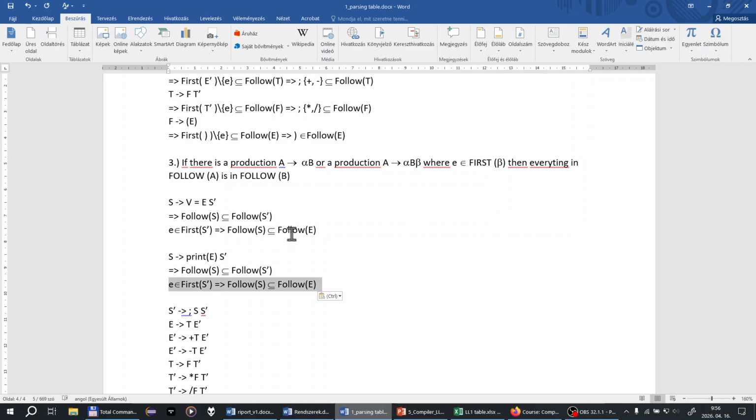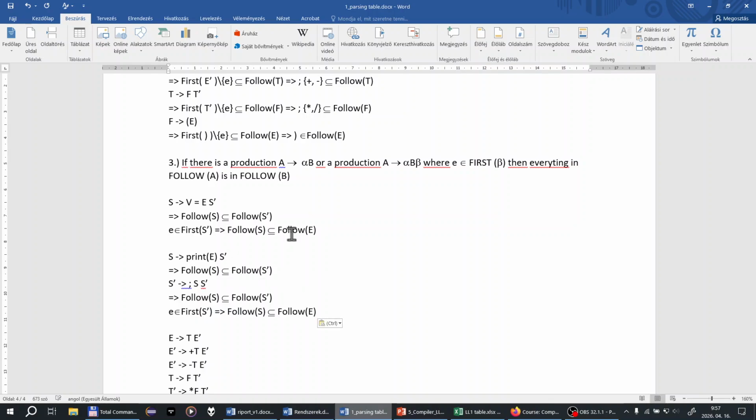Okay, we have this one here, which is actually the same as what we already have, and then follow S prime becomes a subset of follow S.